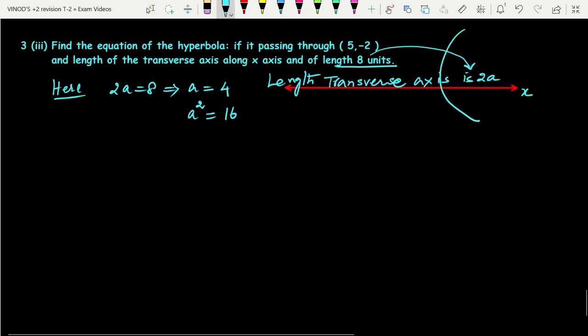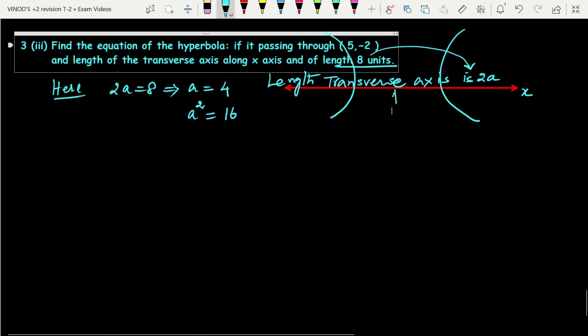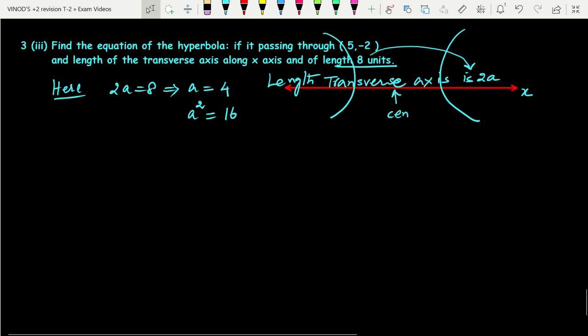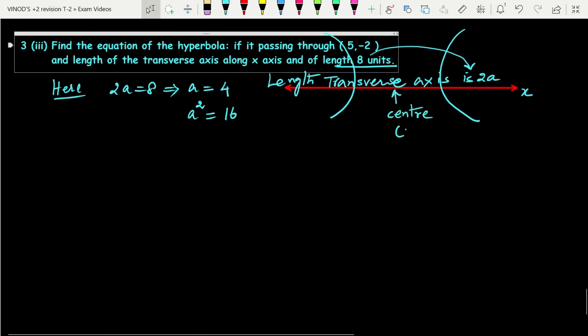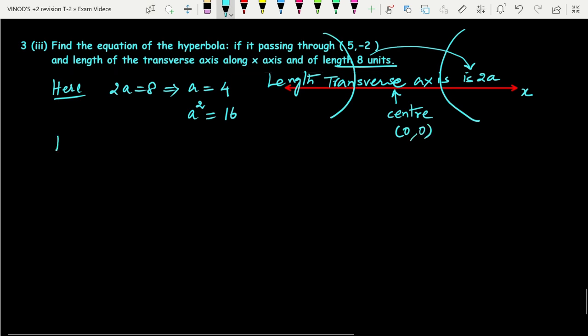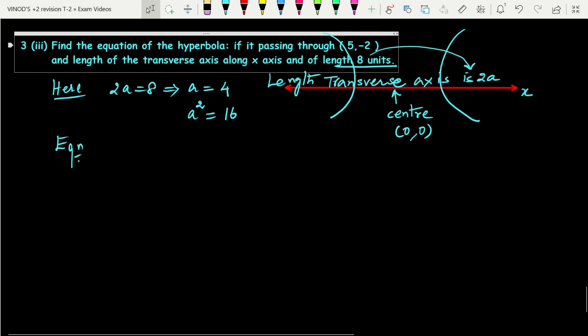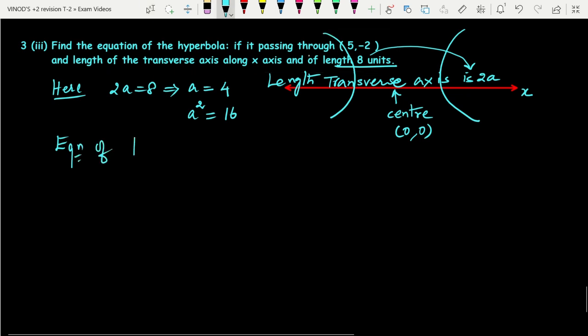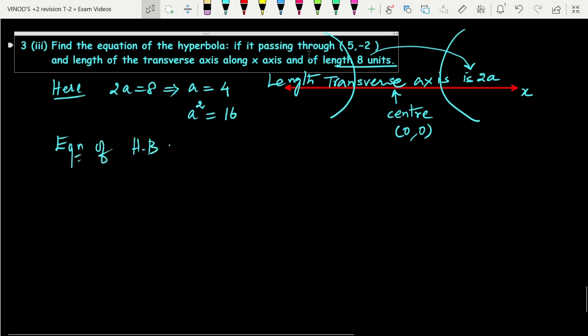Now because the transversal axis is along the x-axis, it's a regular hyperbola with the center at origin. So what is the equation of regular hyperbola?